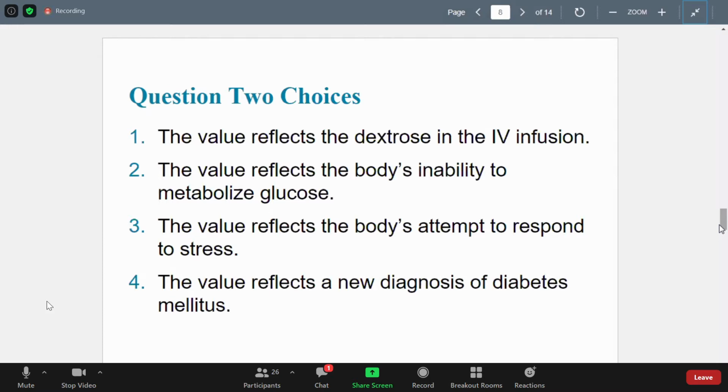A client who is in shock will exhibit a stress response. And the high glucose is a result of what? Glycogen conversion by the liver.